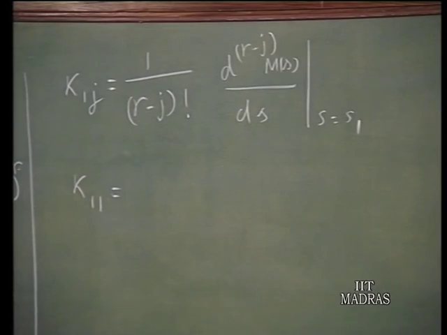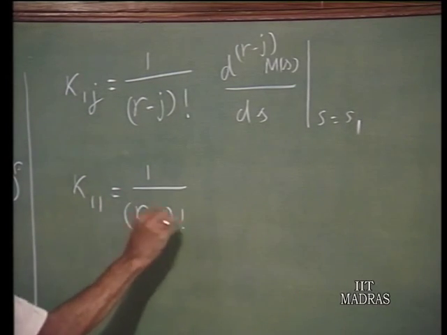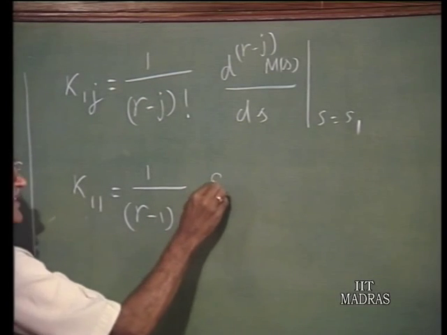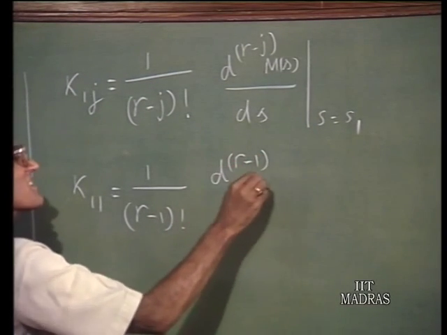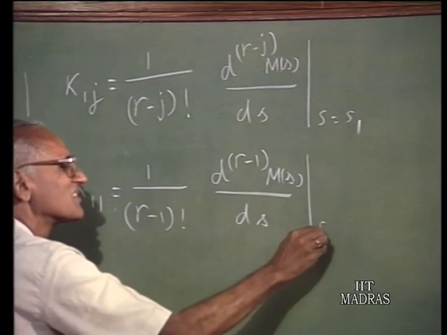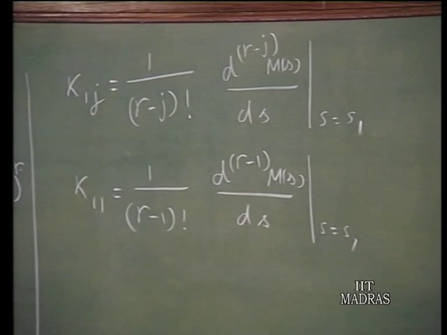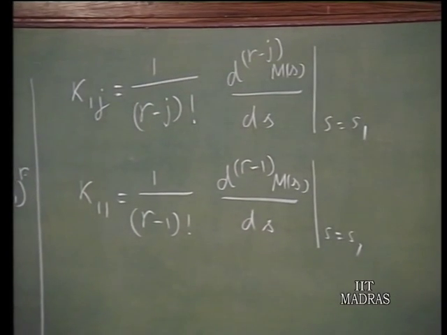It is obtained by taking the r minus 1th derivative, d^(r-1)/ds^(r-1), of m of s. So, in principle, it is the same as what we have done in the first example worked out.